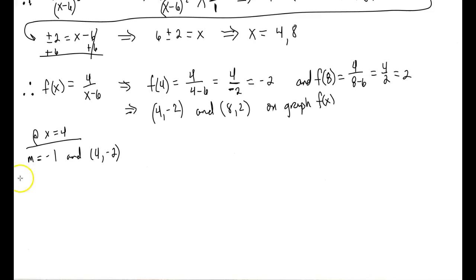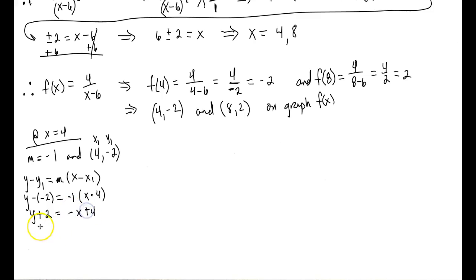I'll use the point-slope form of an equation of a line this time, where this is our x1 and y1. So we have y minus y1 equals the slope, negative 1, times x minus x1, where x1 is 4. So this gives us y plus 2 equals negative (x minus 4). And we subtract 2 from both sides. Then we have y equals negative x plus 2. So that would be one of the equations of the tangent lines.